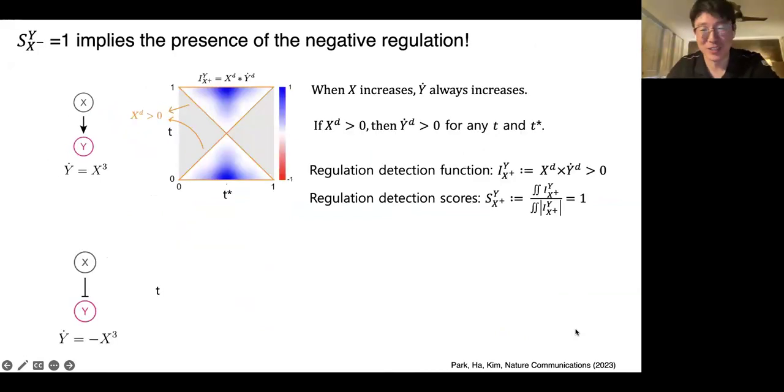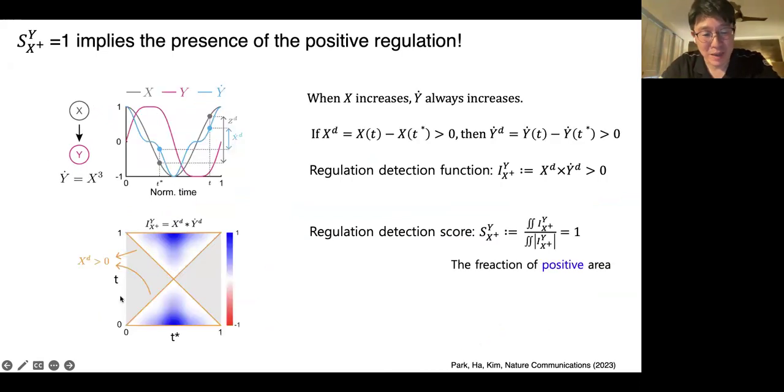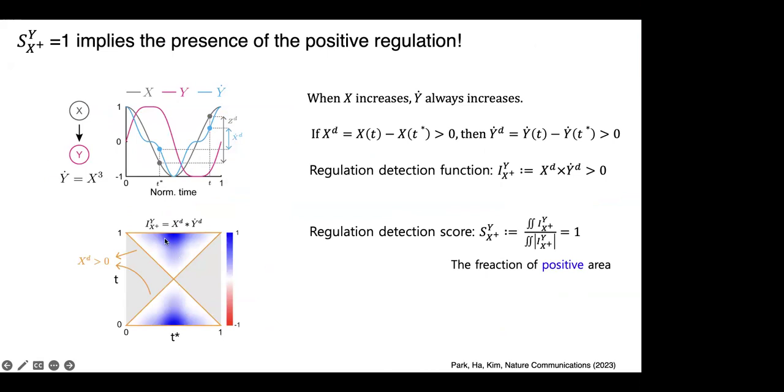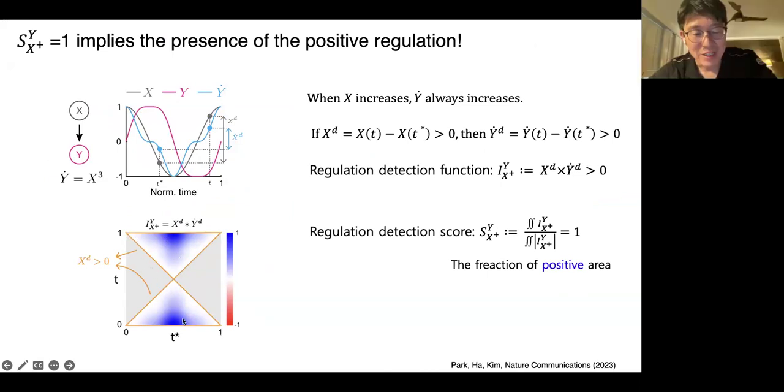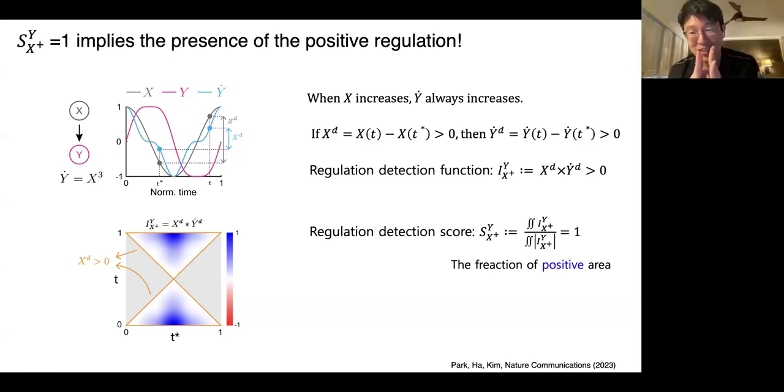The key is actually this map. We need to know whether this whole domain is blue or not. That's the key to using Gobi. But if our data is too short, then only half of this triangle is filled, and half of the triangle may not be filled.